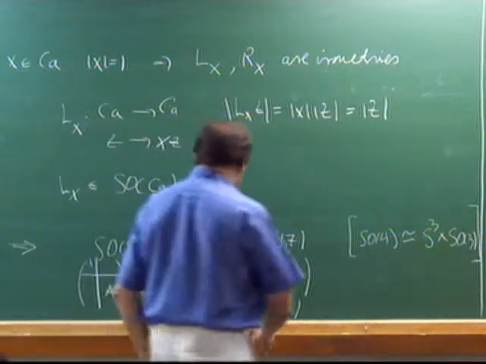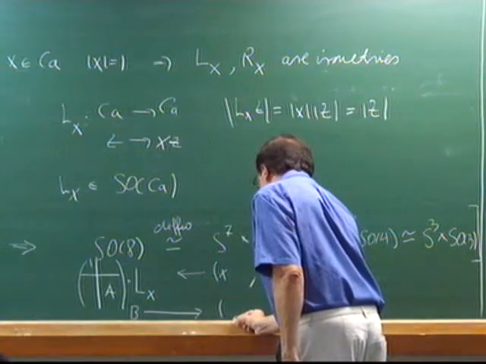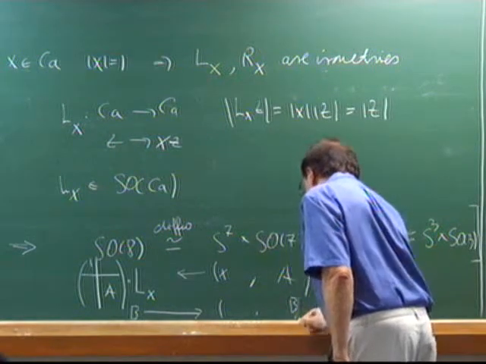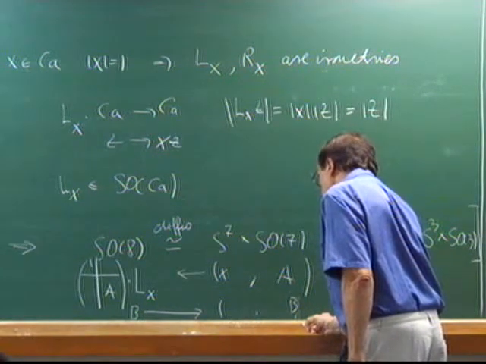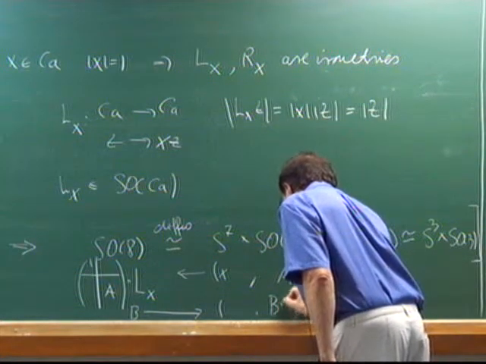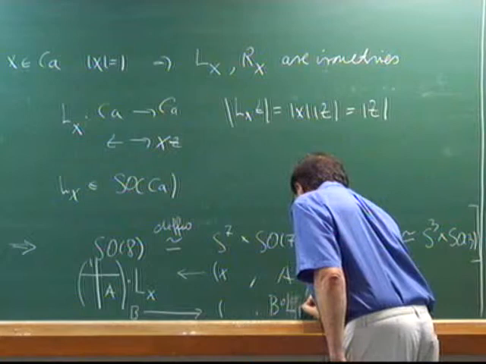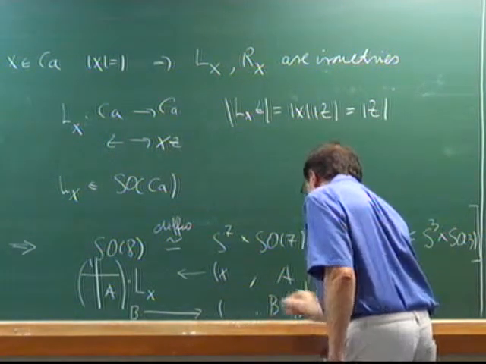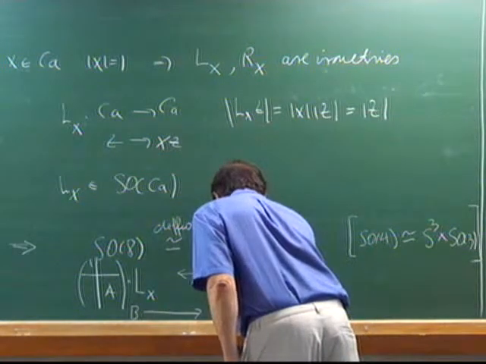I can do that by taking B composed with, let's see, before or afterwards, maybe afterwards, left translation by B of 1 inverse, and left translation by B of 1.